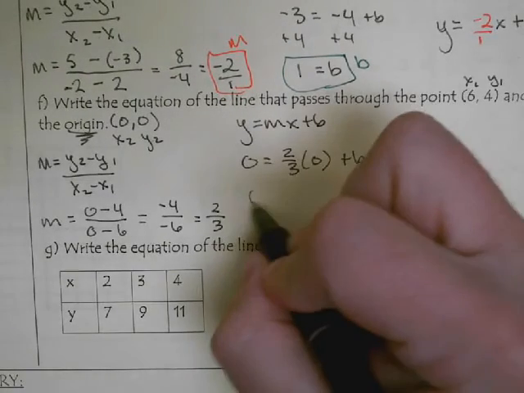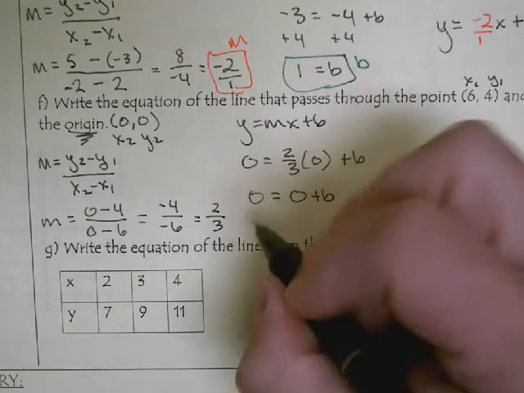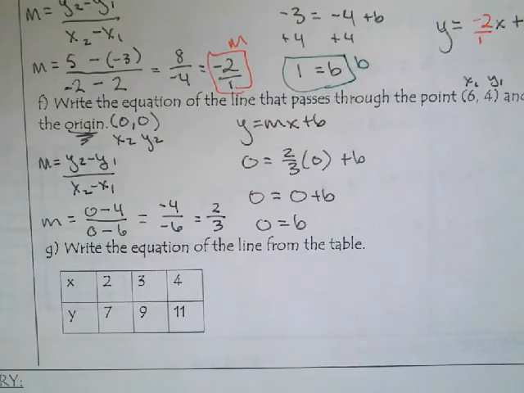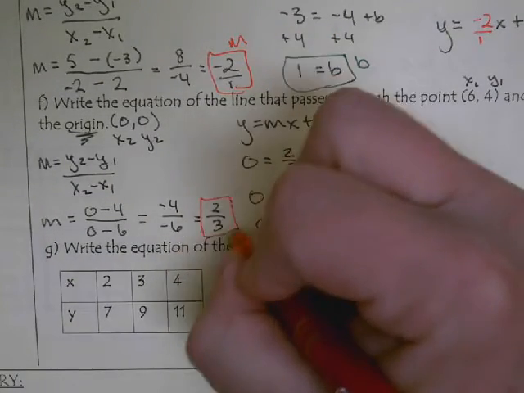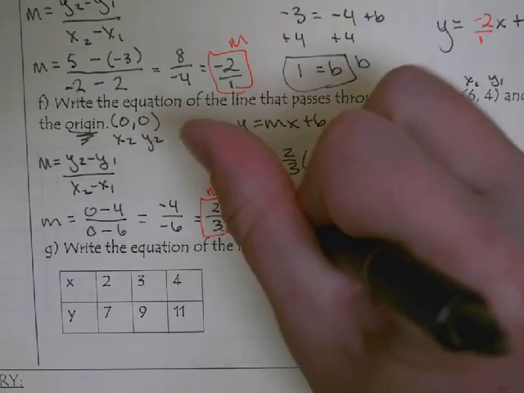We simplify and we get 0 equals 0 plus b. 0 plus b is b, so we get 0 equals b. So I have my m, and I have my b.